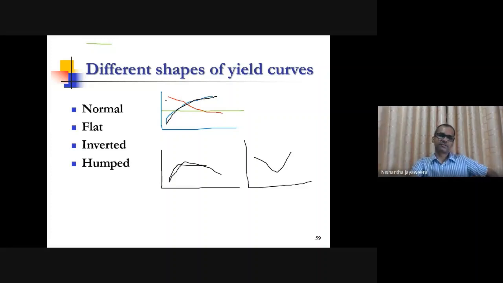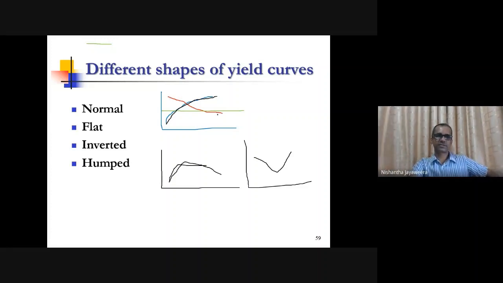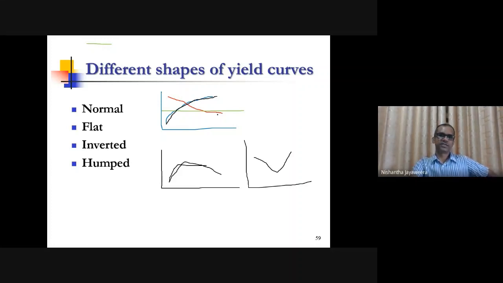In the inverted curve, you expect future interest rates to go down. When you see an inverted yield curve in the market, you should expect some sort of a recession. That's an indication.